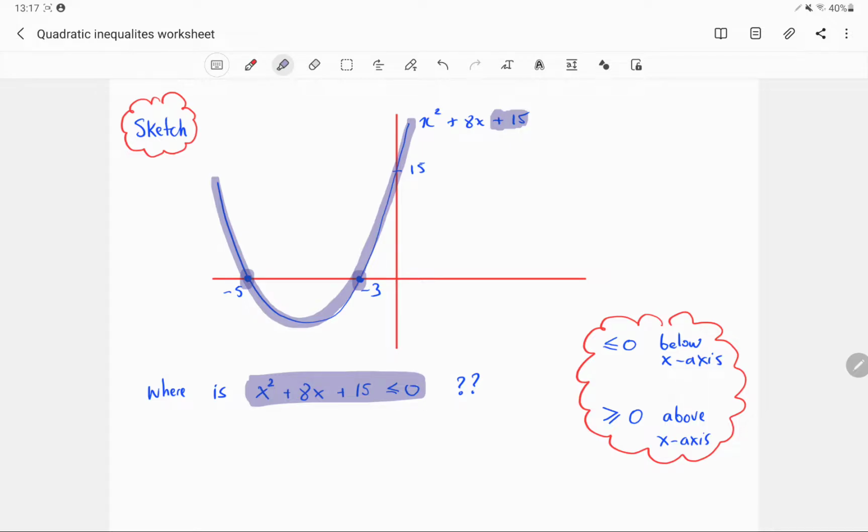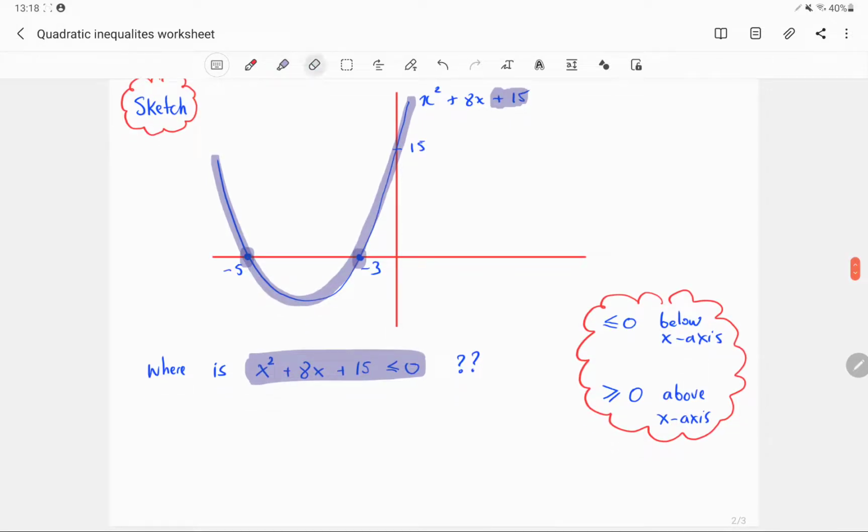So what does this mean? This sign means less than or equal to 0. And whenever we have a quadratic and it's asking us when is that quadratic less than or equal to 0, it's asking us when is that curve negative. And by negative it means underneath the x-axis.